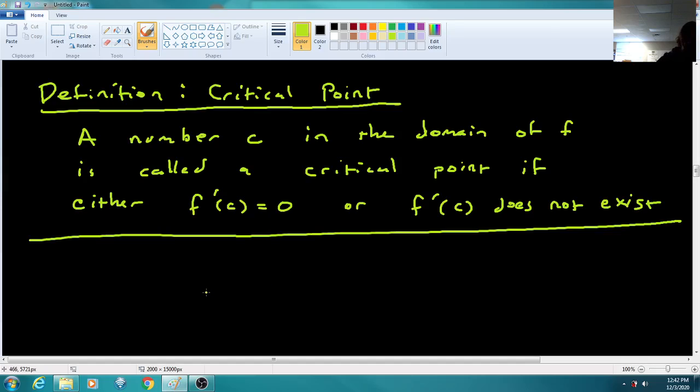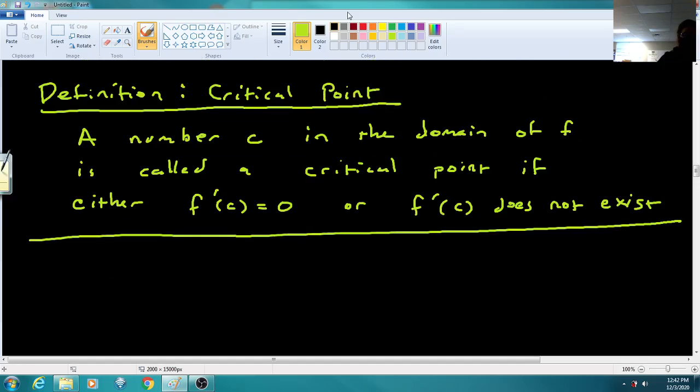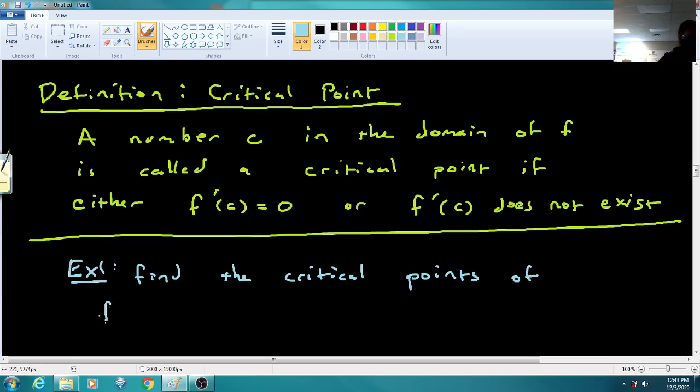So we'll do an example or two with that and then go on from there. For this example, we want to find the critical points of the function f of x equals x cubed minus 9x squared plus 24x minus 10.